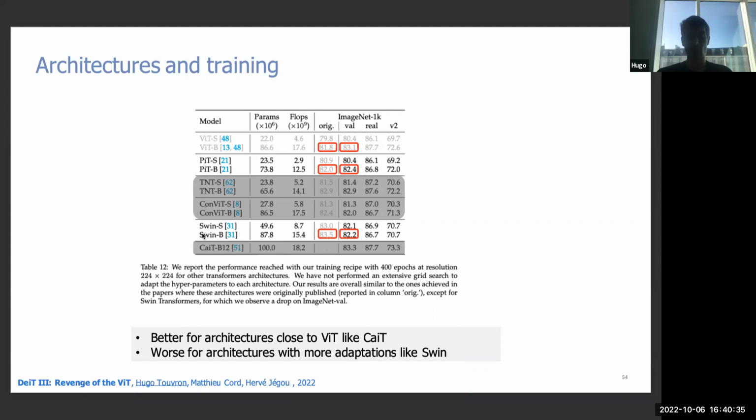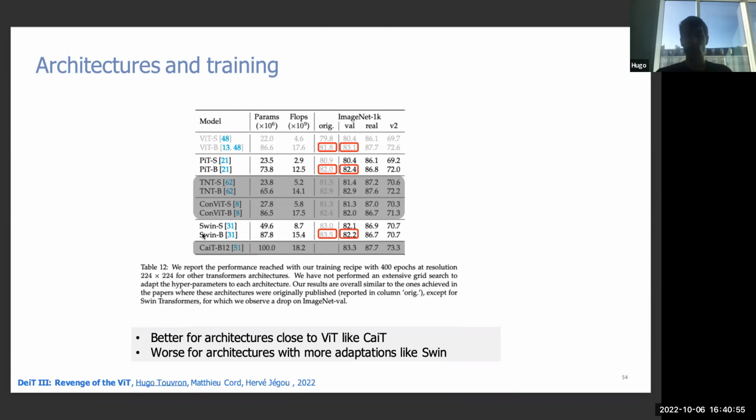So this new training procedure works well with architectures close to the ViT architecture, like PiT, CaiT, but it doesn't work very well with architectures that are far from the original ViT architecture, like Swin.